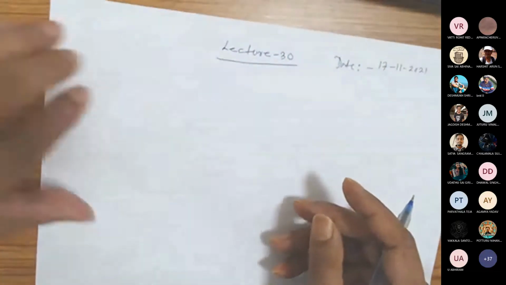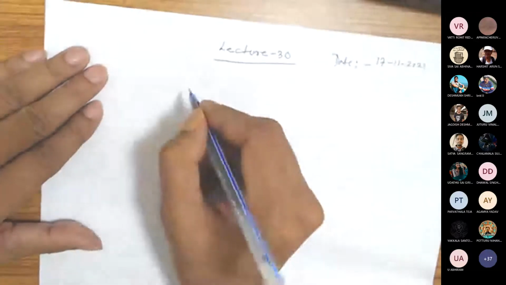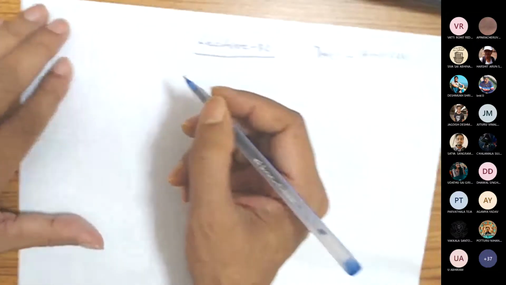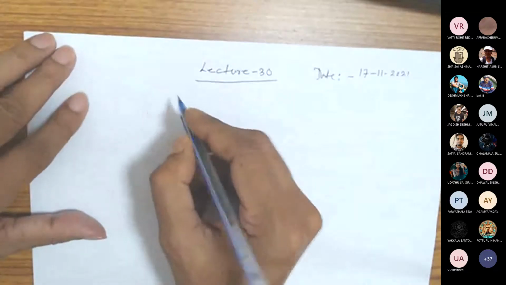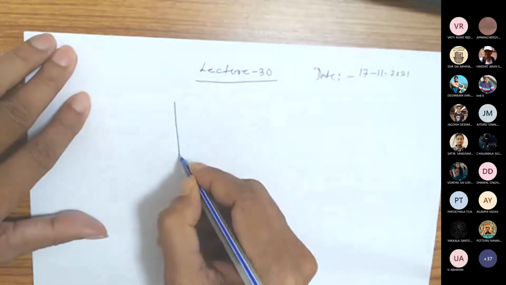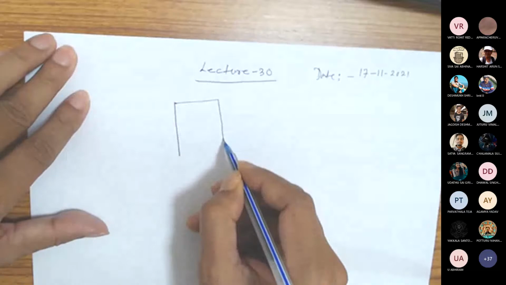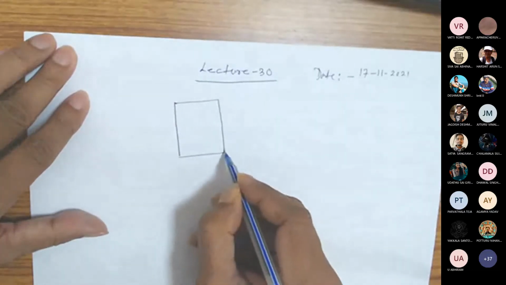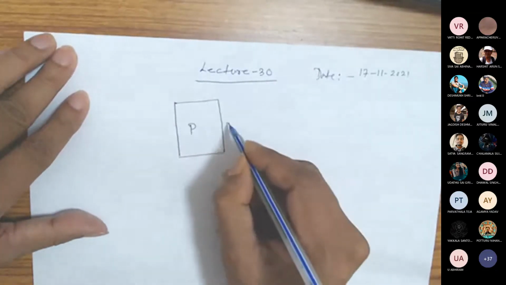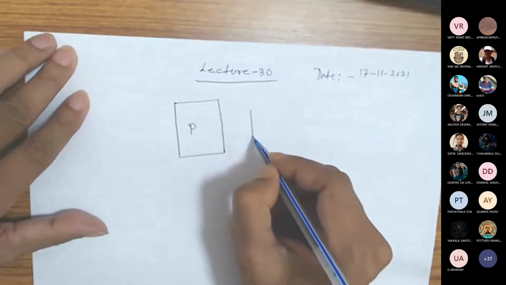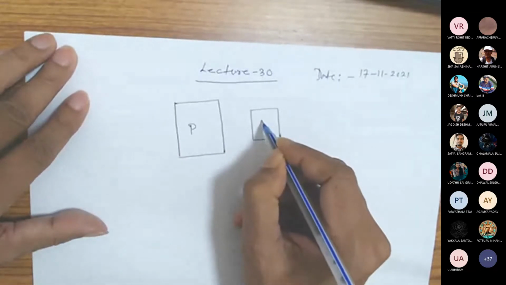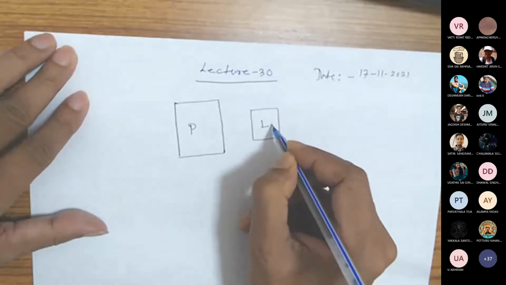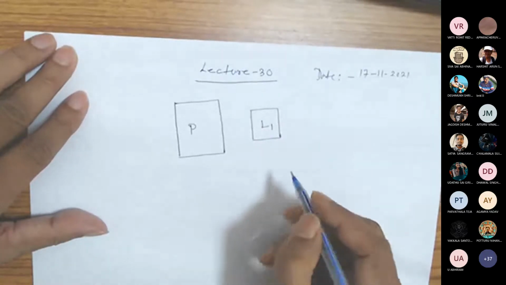Now cache memory, there is one more part. Before I go to the arithmetic logic part, a cache memory can also be designed using hierarchical cache memory. So this is your processor. The nearest cache is basically called L1 cache.